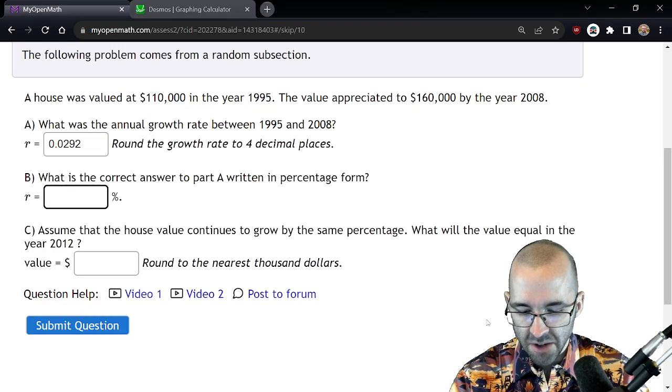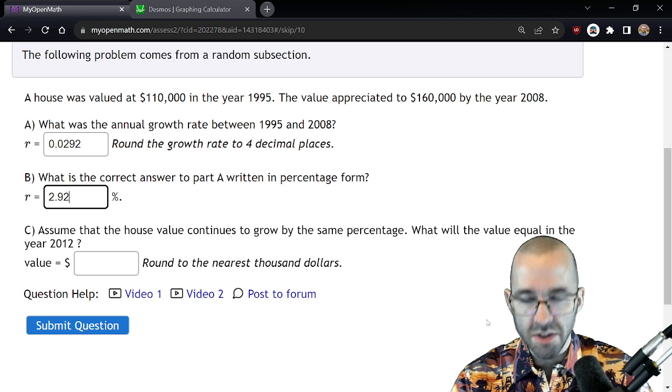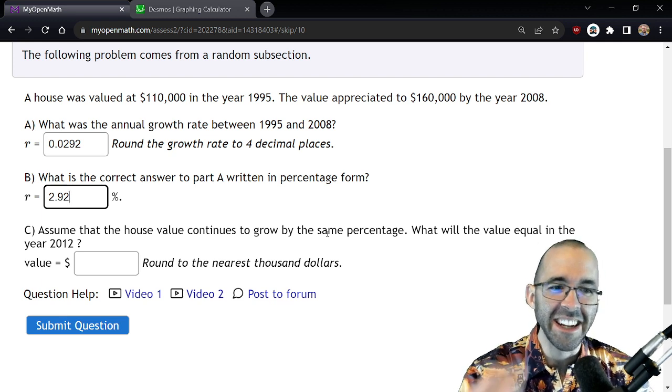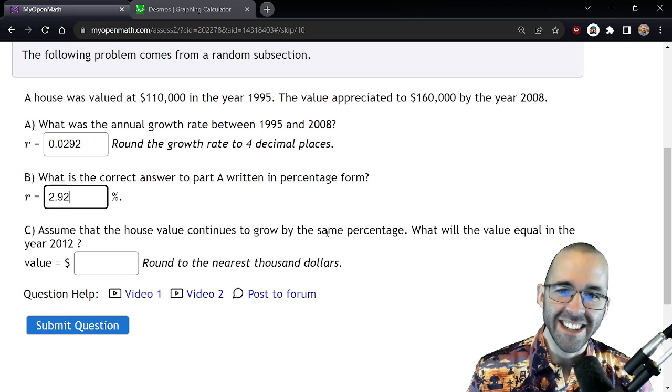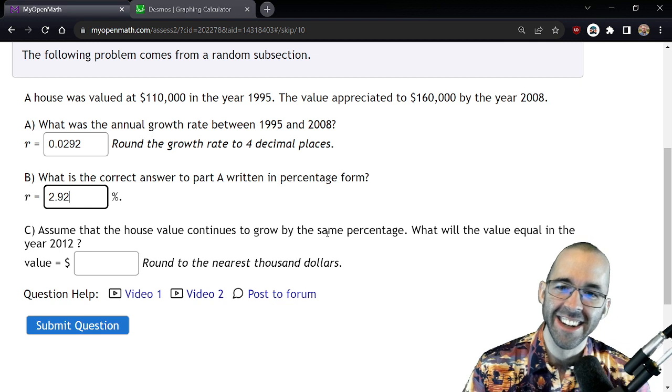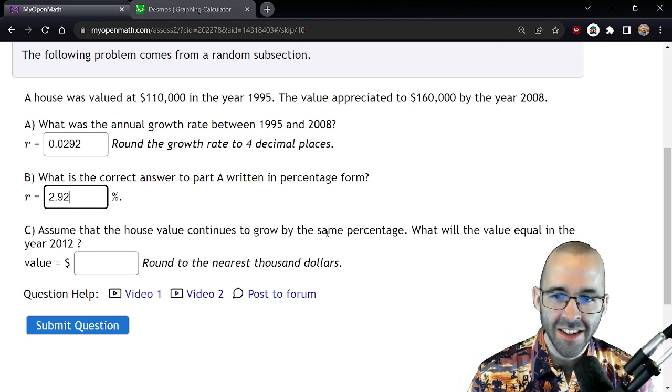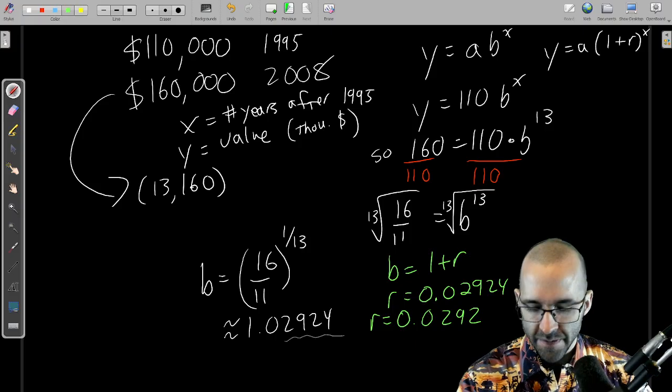How do you write that in percentage form? Well, that's 2.92%, about 3%. If it grows by the same percentage, which it didn't, between 2008 and 2010, I don't think it gained value. Big housing crash then. What will the value equal in 2012?